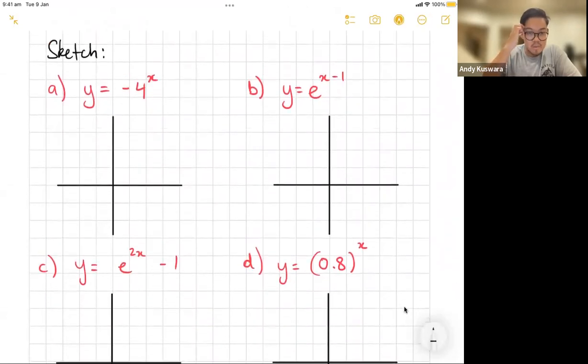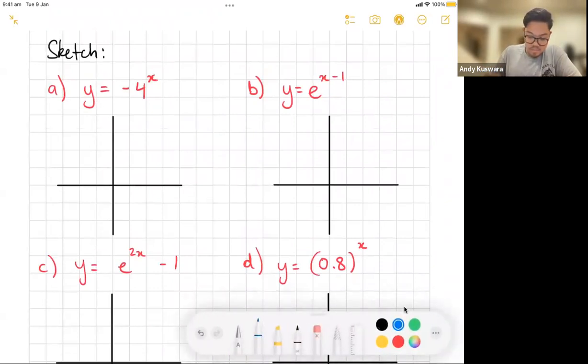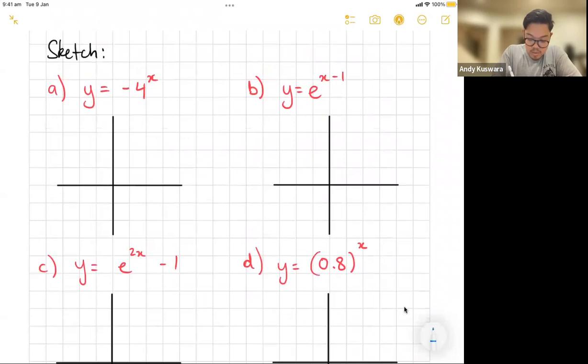Let's start here. y equals negative 4 to the x. If I let x equal 0, sorry, y-intercept, I let x equal 0, it'll be minus 4 to the power of 0. That'll just be negative 1.